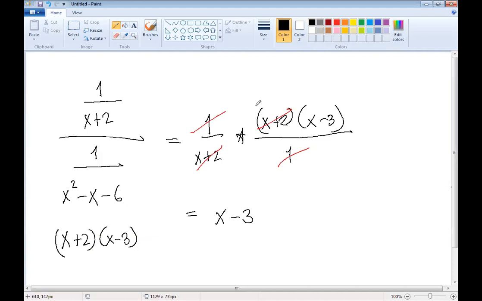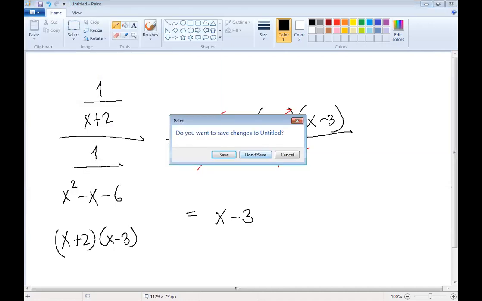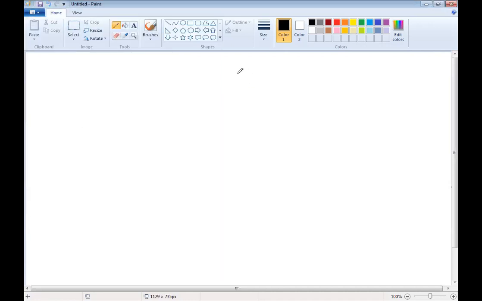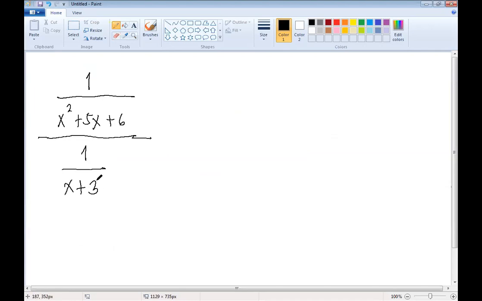Got it? Okay, another example. Let's try another one. Let's say we have 1 over x squared plus 5x plus 6, all over 1 over x plus 3. Okay, so what is the factor of this one?